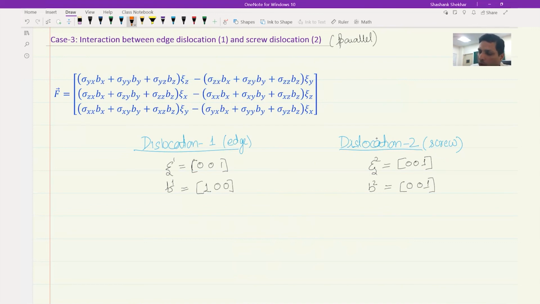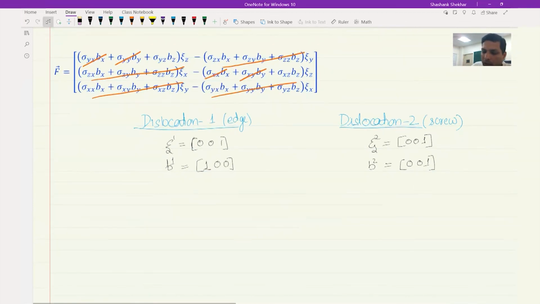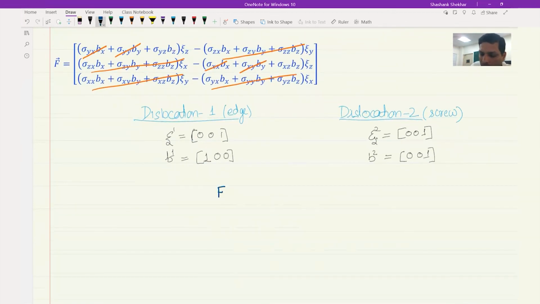So here we have only Ez and here we have only Bz. Every other quantity must go to 0. Therefore, this whole quantity goes to 0, this whole goes to 0, this whole goes to 0, this whole goes to 0. And Bz is the only non-zero element. So Bx, By would also go to 0 over here and over here. And therefore, the force that we obtained earlier is same here, but there will be one major difference, as we will note.